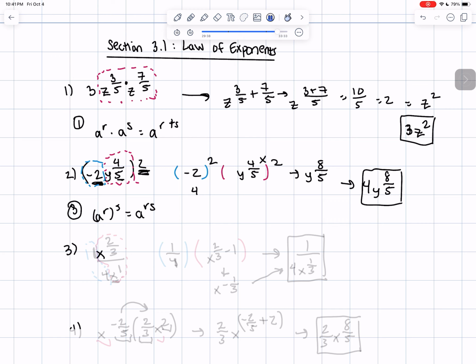So x to the 2 over 3 over 4x. What do we use here? I know already off the top of my head, if we have a fraction, I'm going to do the opposite of what we did for the first one. With multiplication in the first one, we add. So we have division, we subtract.